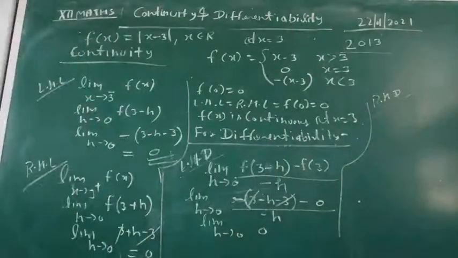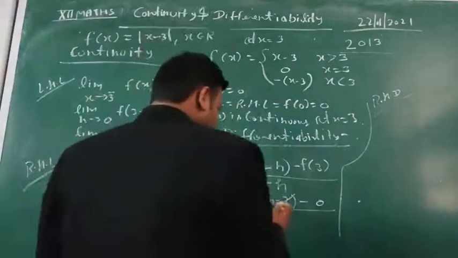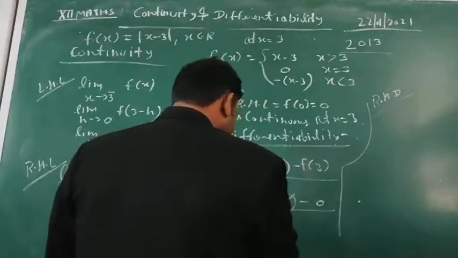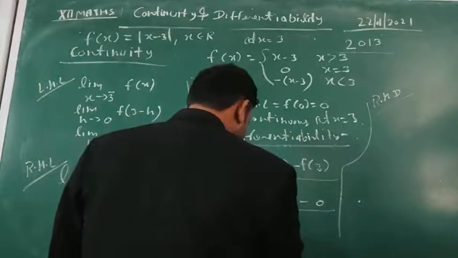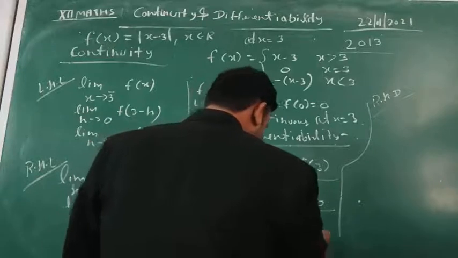Now student, we will find the right hand derivative. From here, when this is cancelled, we write plus h by minus h, so this is minus 1.